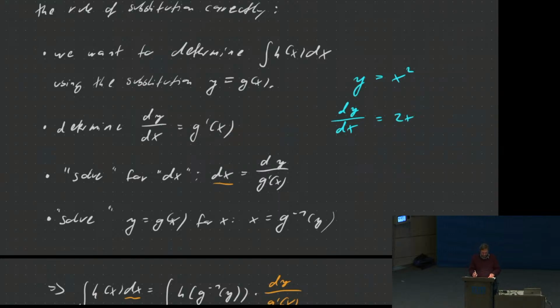And then what we do is we take this as a formal expression and we solve it for the denominator dx. Right, so we're saying, well, dx is then in this case dy over 2x. So basically what that says is if we want to replace x squared by y in our integrand, then we have to replace dx by this expression in the integrand.